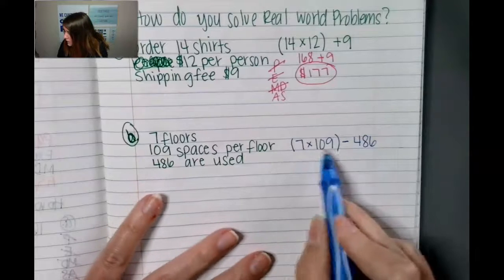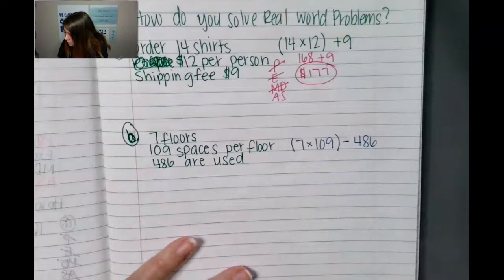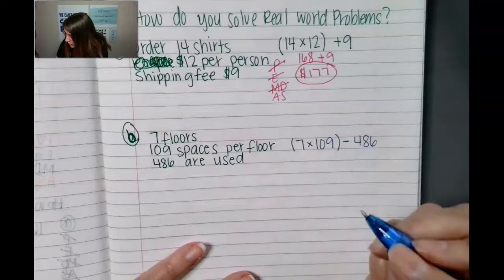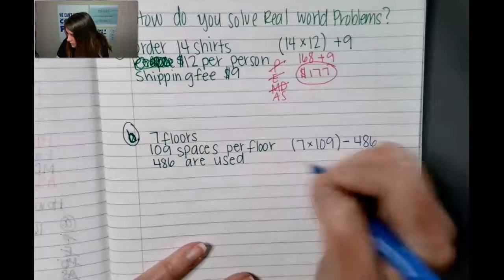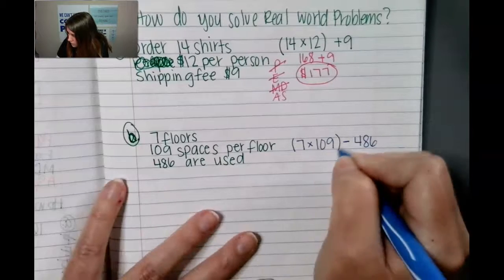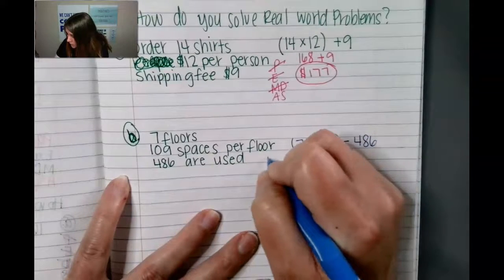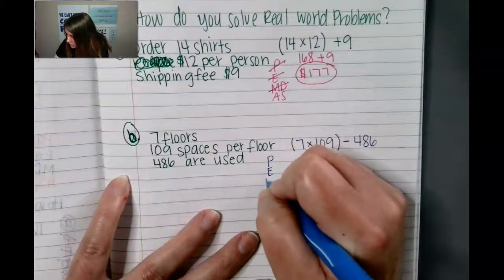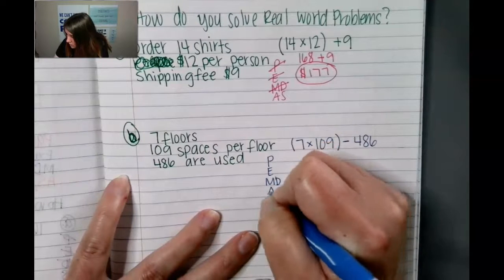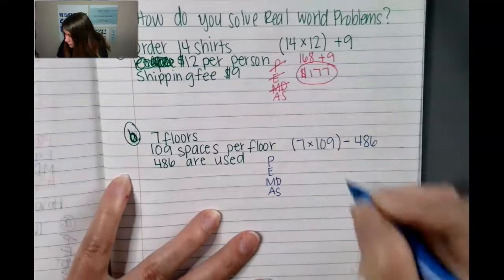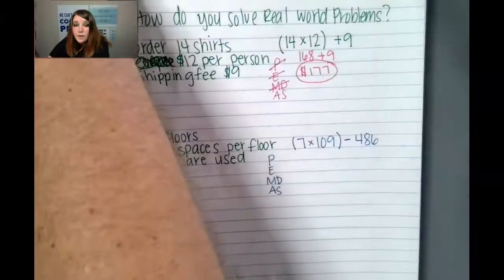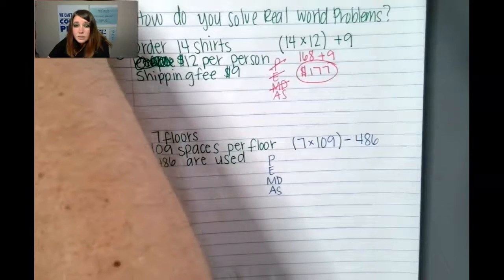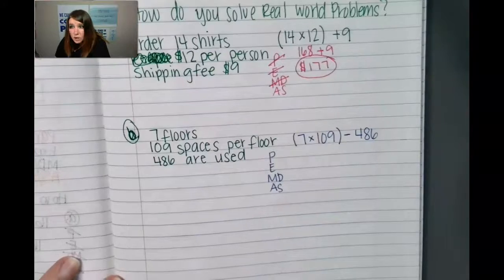Okay, so let's do some multiplication here. We're going to do 109 times 7. And we're going to solve in the parentheses first because our list tells us to solve here and then subtract. Solve 7 times 9 first.